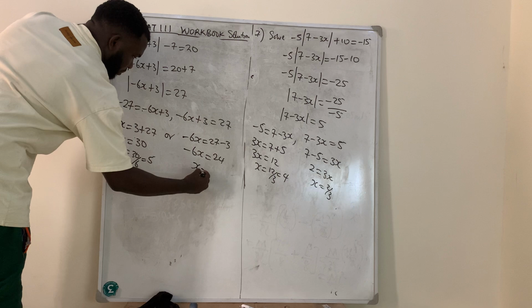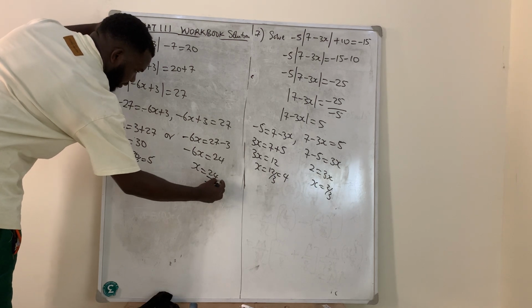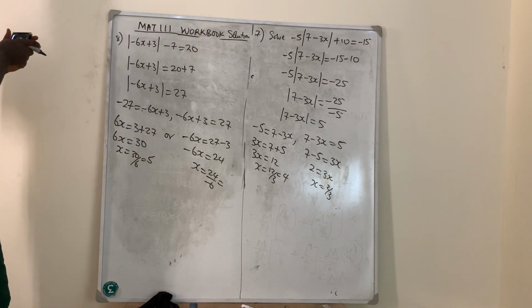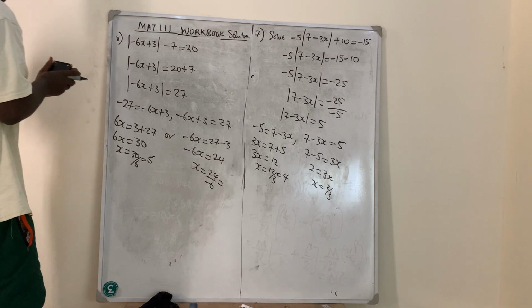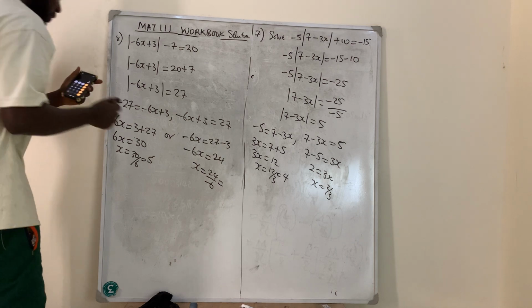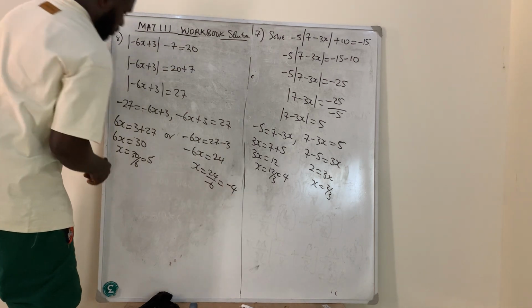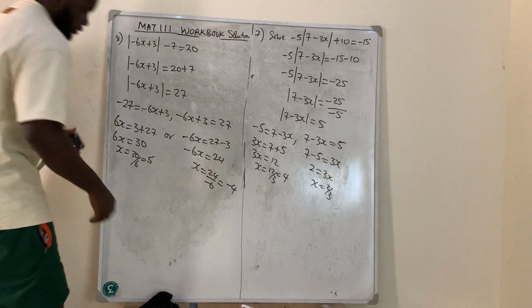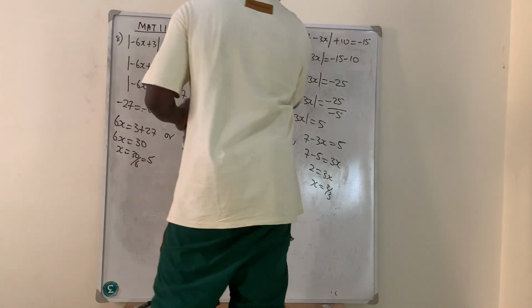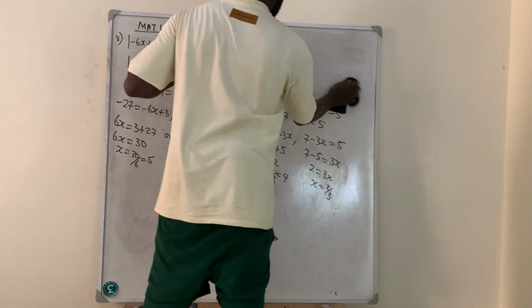So x will now be 24 divided by minus 6, which will give you minus 4. So x is equal to minus 4 or 5. So we move to the next question.